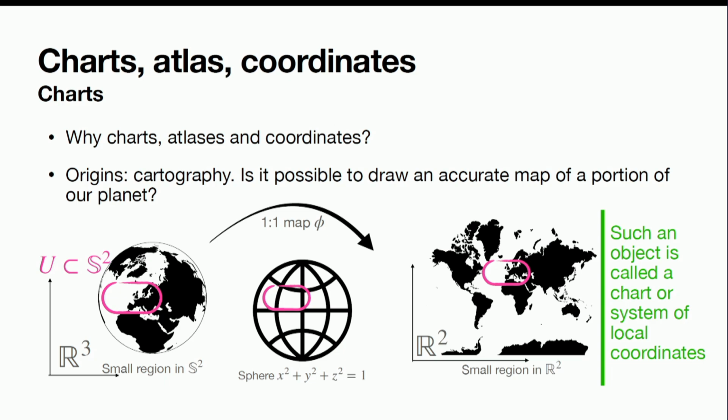So I took our planet as a sphere in R3 and an open set U, and we want to have something accurate that's going to be a chart. So here, as you can see on the right-hand side, we should use what's called a chart or a system of local coordinates. Okay?